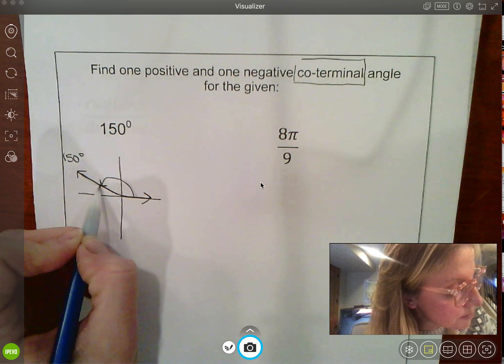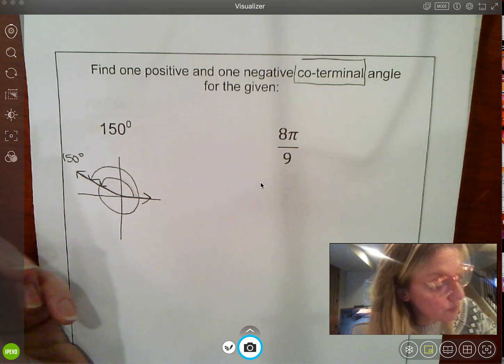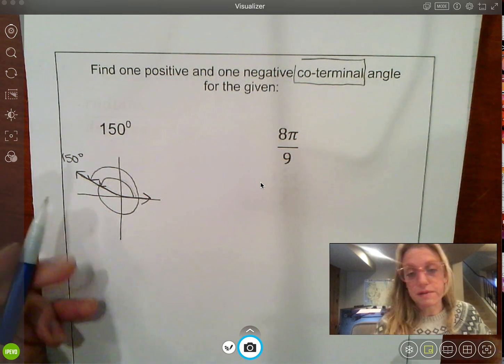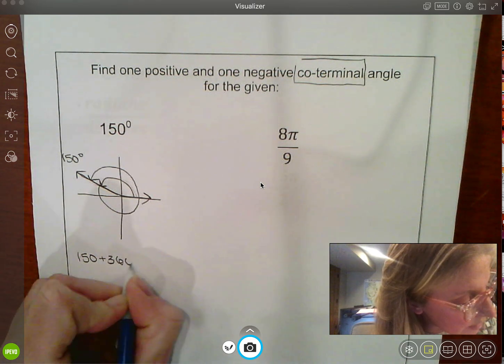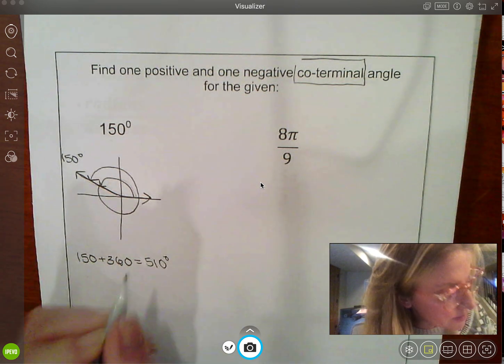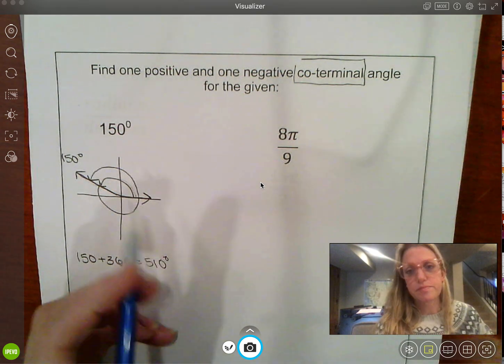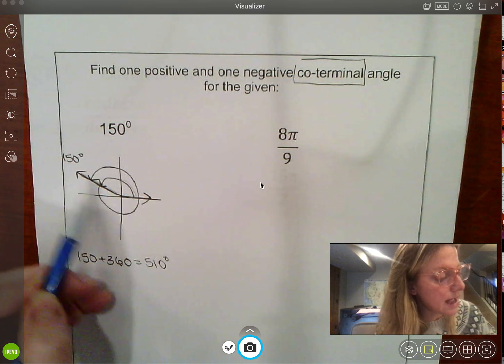So let's keep going. If we go all the way around 360 and another 150, that angle would be coterminal. So if we did 150 plus a whole other full rotation, plus 360, it would be 510 degrees. All right, and then a negative one says, okay, I'm out here at 150.